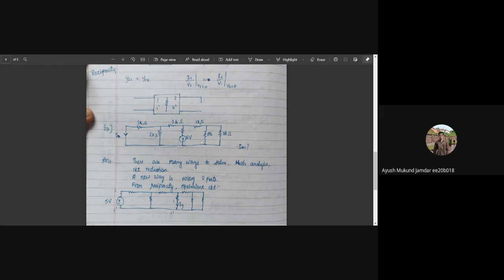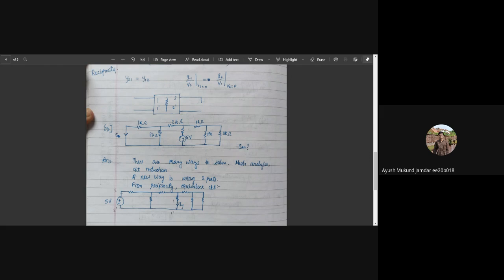Let's say the first port of this network is at the 5-volt source, and the second one is the leftmost branch of the circuit through which Ix flows. That is, the leftmost part will be a short circuit, and we call it the second port, with the first port being the 5-volt voltage source.